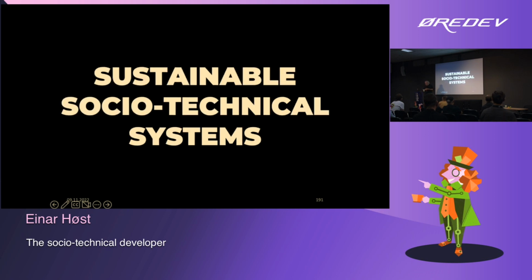And if we do that, we might be able to attain this goal of sustainable socio-technical systems that are both pleasant to be part of as developers, healthy to work in, and capable of delivering good technical systems, and not just for the next year, but for the long run.